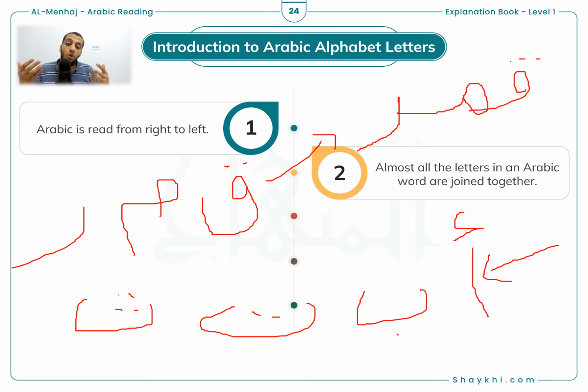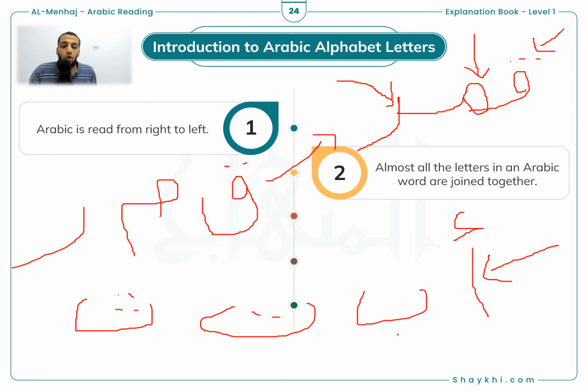So you can guess from this that all letters have initial forms, middle forms, and final forms. We have these forms because when we write any word, the letters are joined together. We will not use the isolated forms.